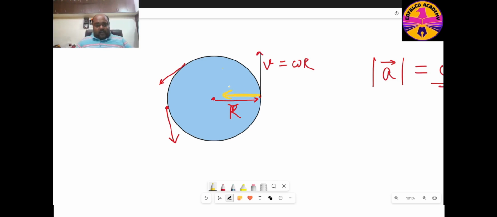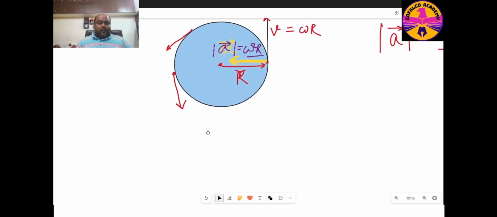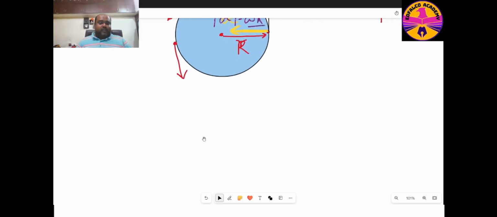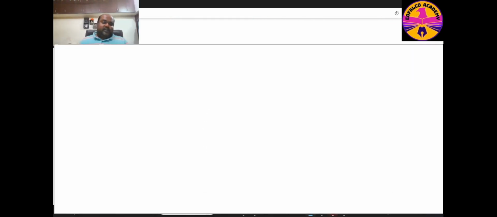So that acceleration is going to act in the inward direction, and the magnitude of acceleration would be equal to omega square r, right? Omega square r. So these are certain things that we have studied in this chapter so far. I hope we have understood the important points. It was a valuable class for you, and you understood in depth about uniform circular motion.